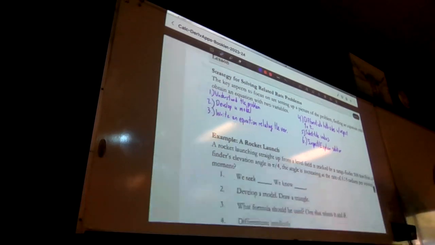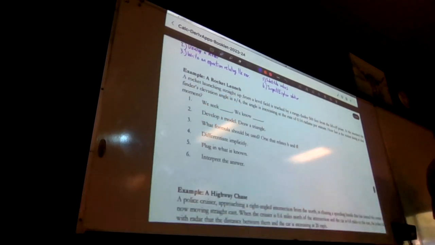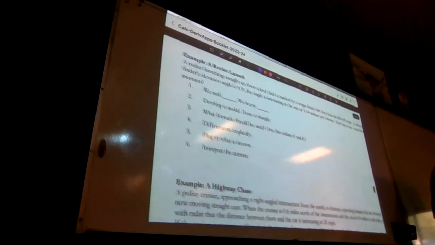Okay, so now a lot of these steps won't make sense until we actually get here. So let's go ahead and look at this problem.